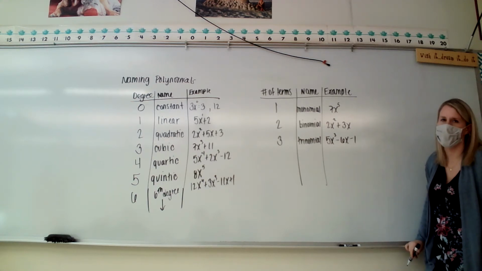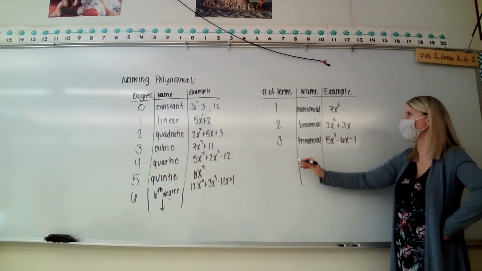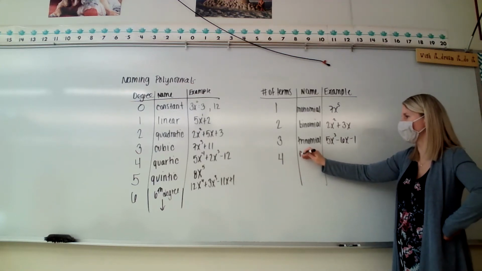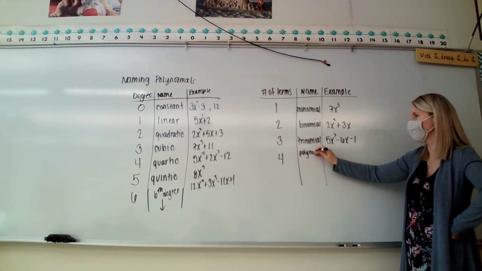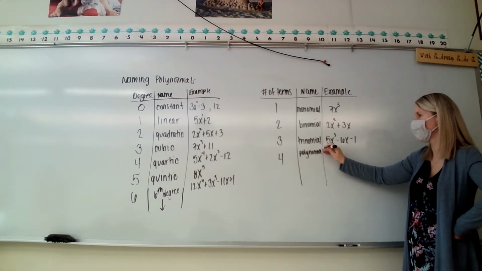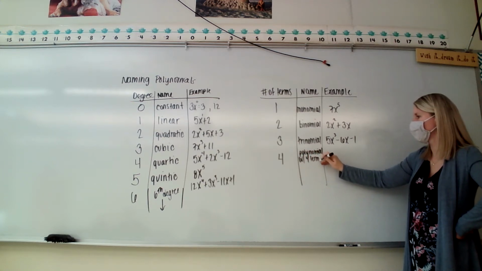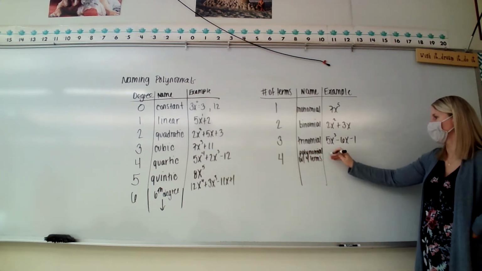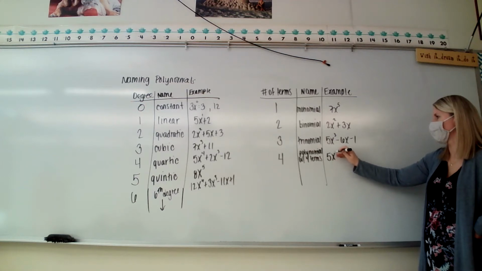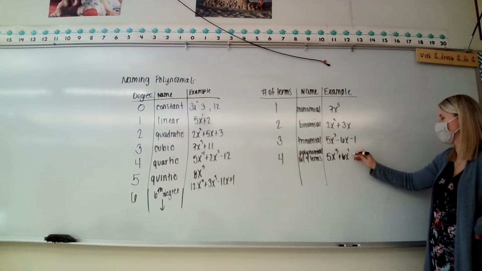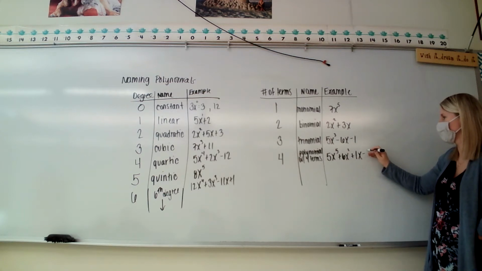After that, there's really no special names. So if I say there's 4 terms, we literally just say it's a polynomial with 4 terms. I'll just use 7.